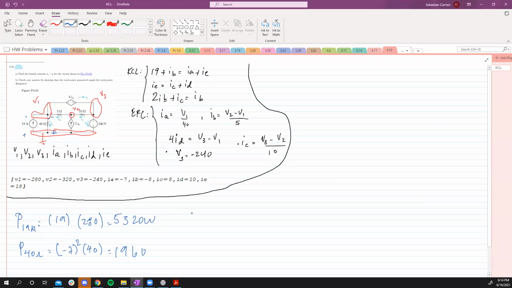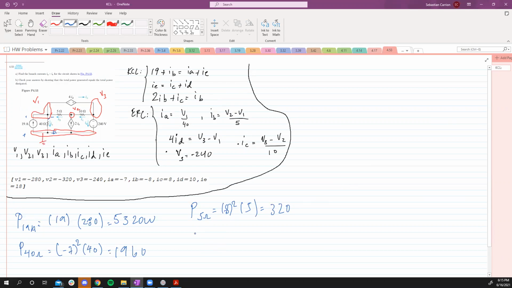And then I'll do the 5 ohm resistor. Say IB, which is 8 squared times 5, so 64 times 5 is 320.